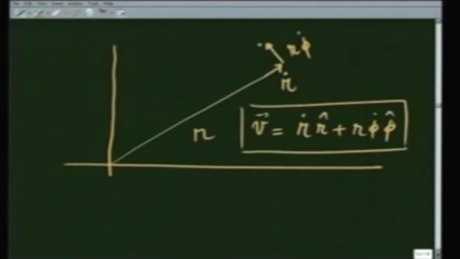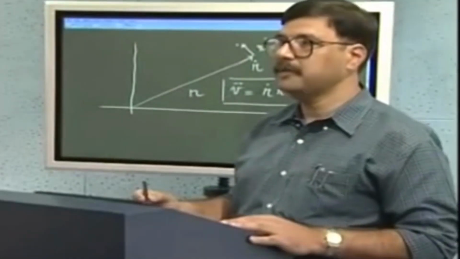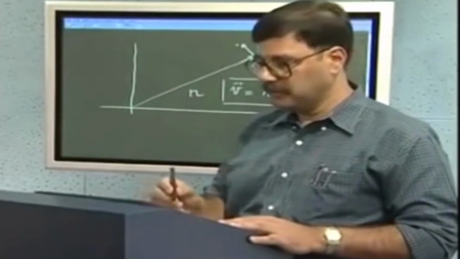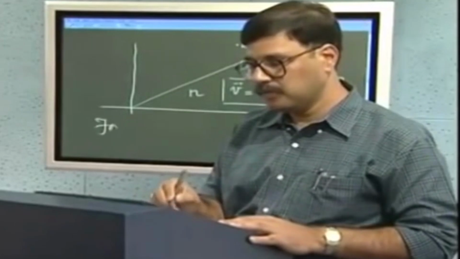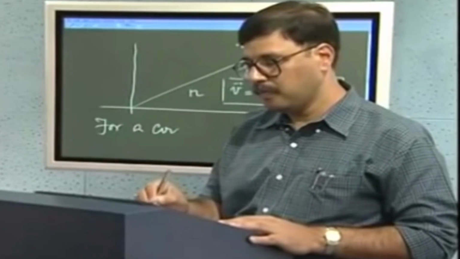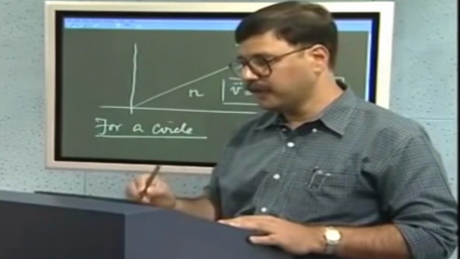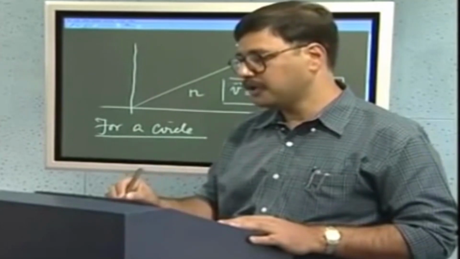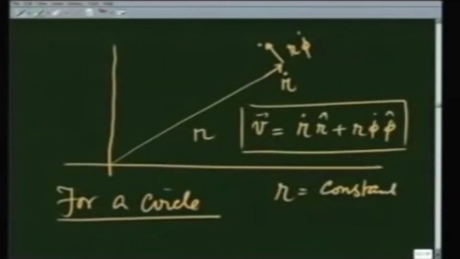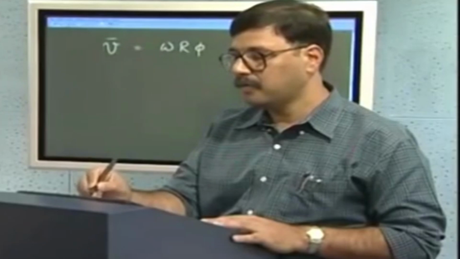To make it look more familiar, let us look at a particle which is moving around in a circle. For a circle, that is, if a particle is moving in a circle, r is a constant, and therefore r dot is 0 and phi dot is the angular speed, and therefore, its velocity is going to be given as v is equal to omega r phi.